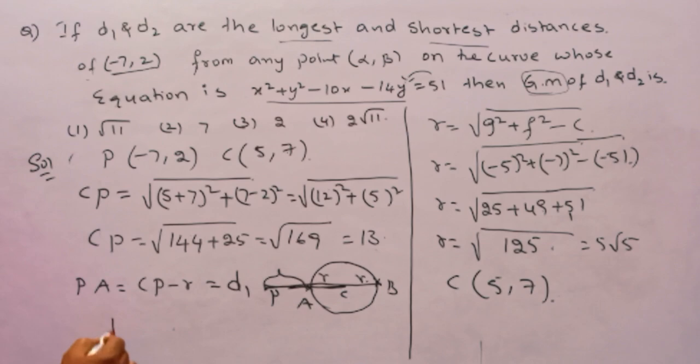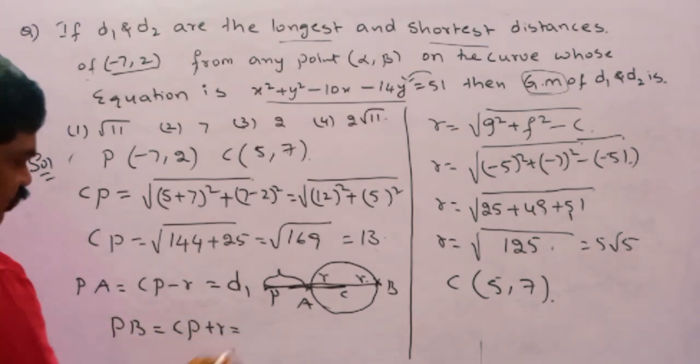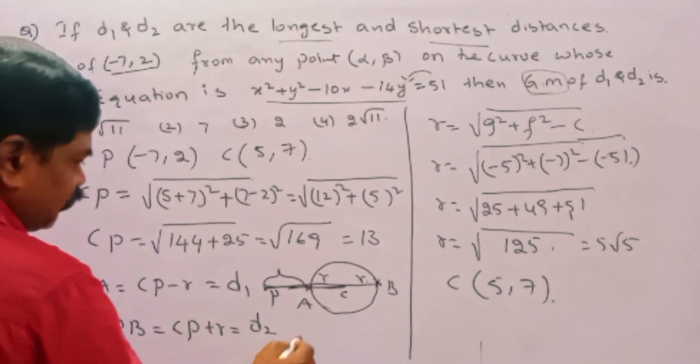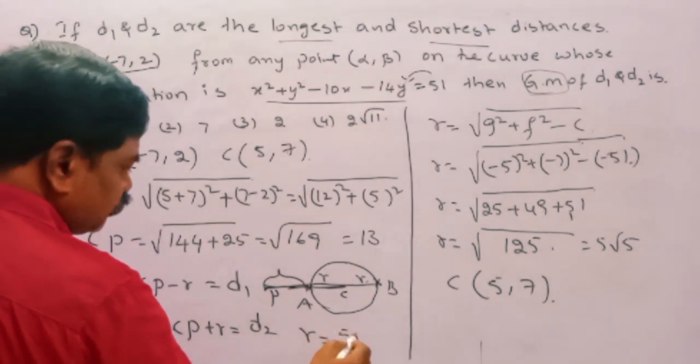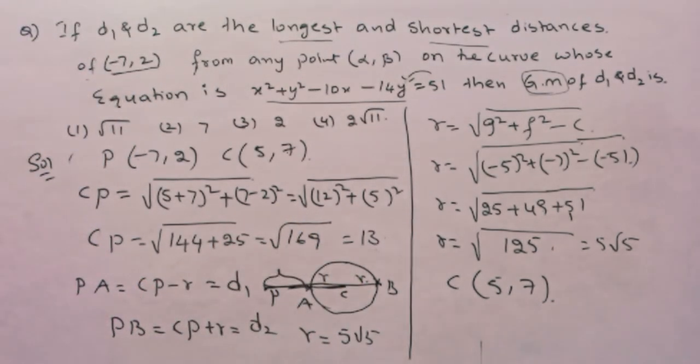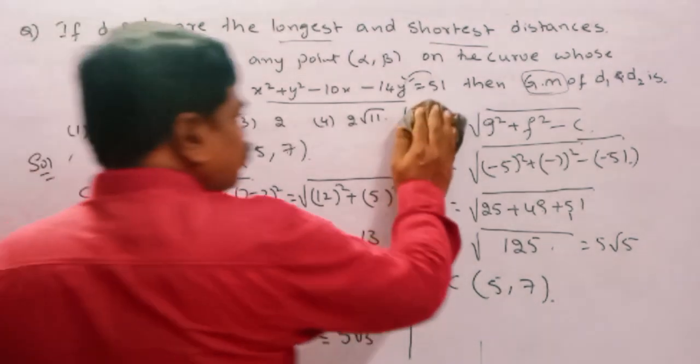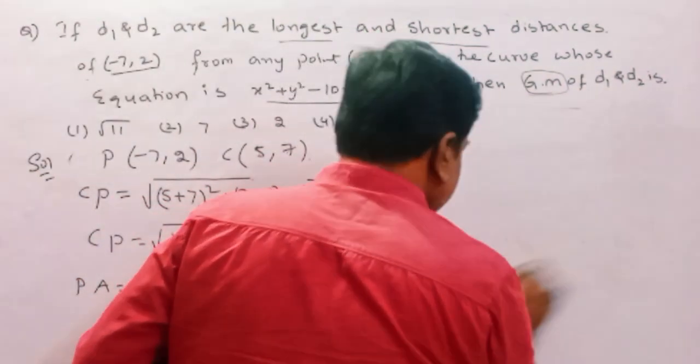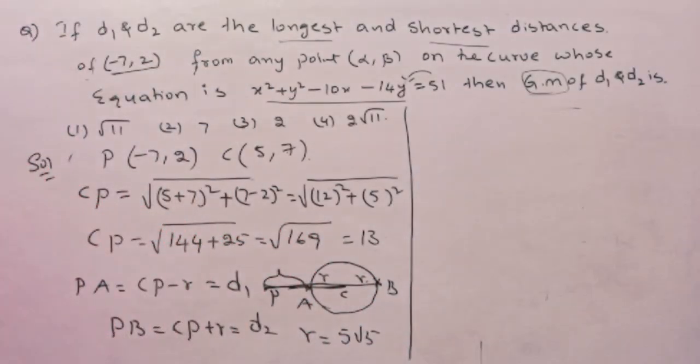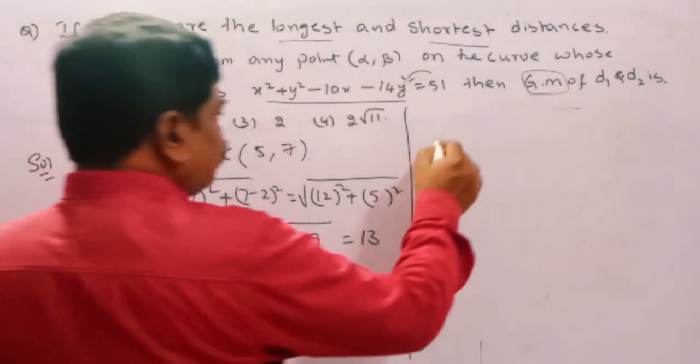And PB is equal to CP plus R. That is D2, where R is equal to 5 root 5. Then we have to find D1.